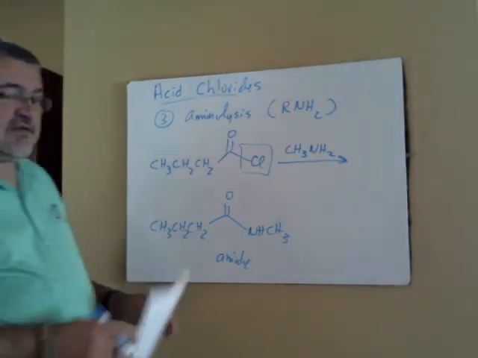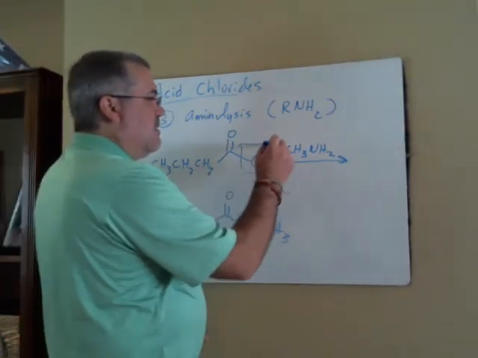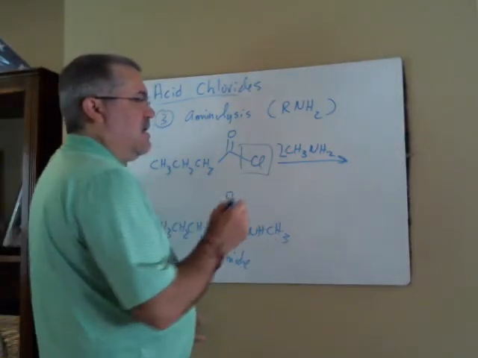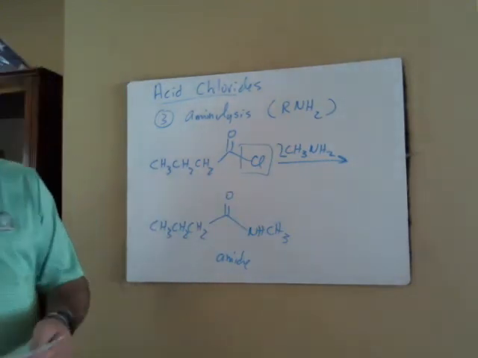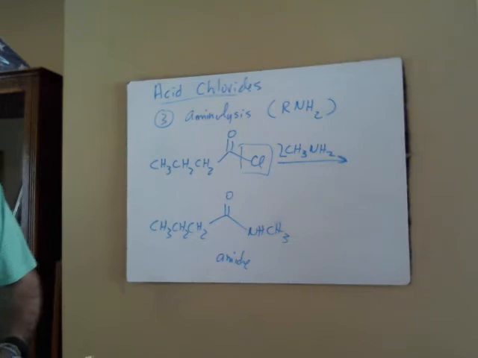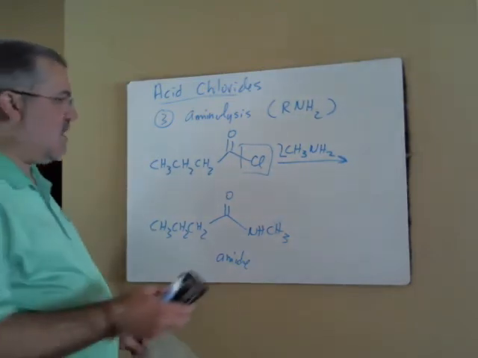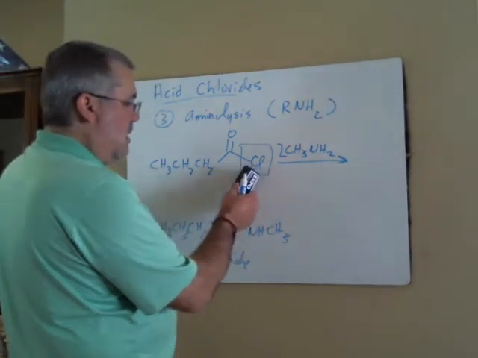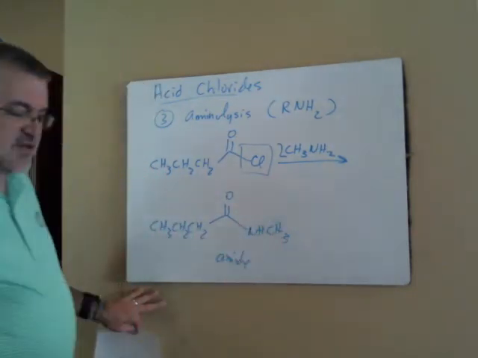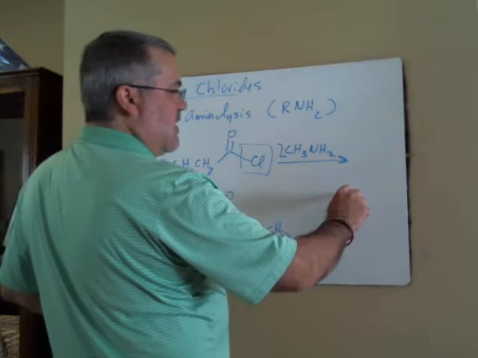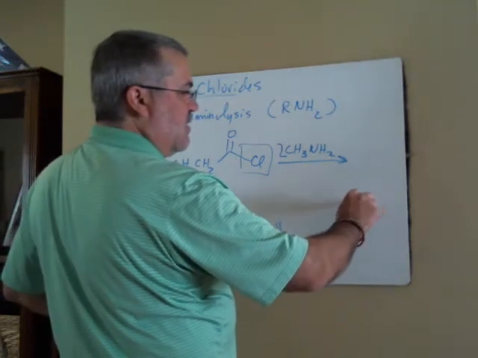Okay? Because it turns out that you need two equivalents of amine for this reaction to occur. And why do you think that might be? Well, it's a mechanistic situation, because as we've seen in the other cases, you're producing HCl in the reaction.